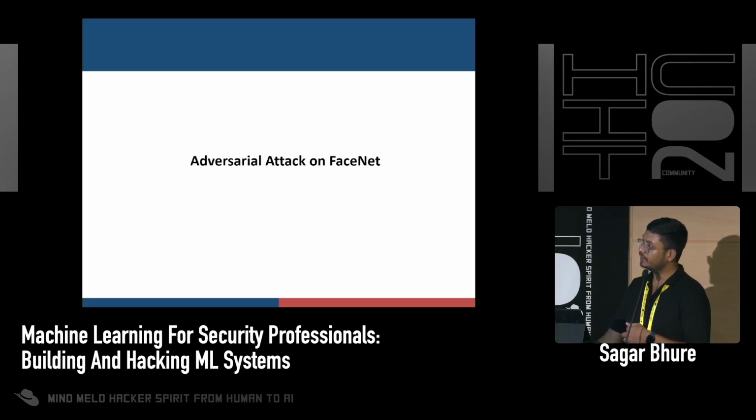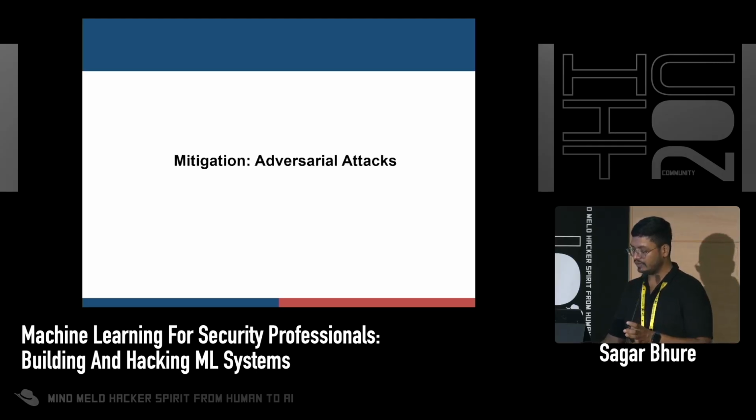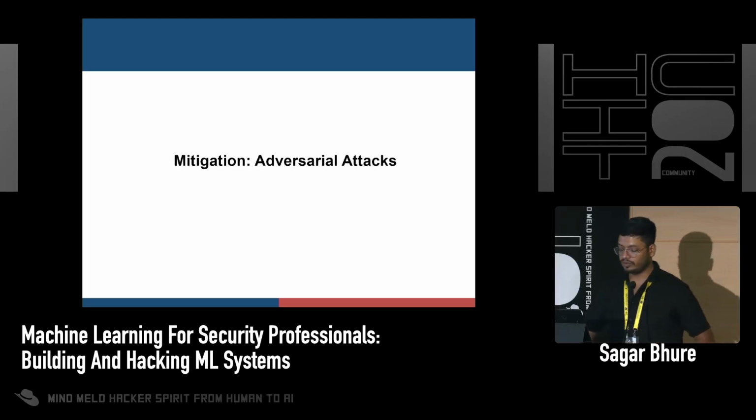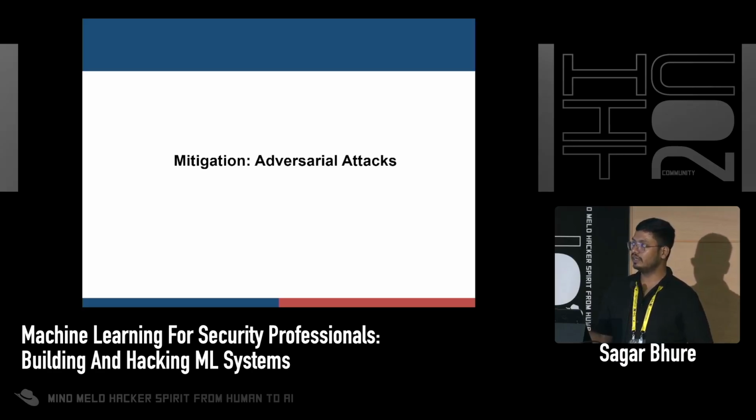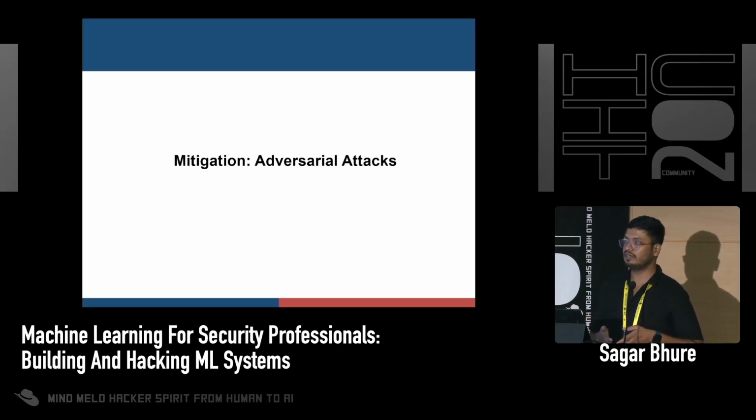Okay, mitigations. People ask how do we mitigate these problems, like how do we make sure that if any perturbations are added to the input image, we get around that? This is still a research topic right now, but the recommendation is that when you train a model, include adversarial samples in your training data set, so that when your model trains, it understands whether it's an adversarial sample or not.